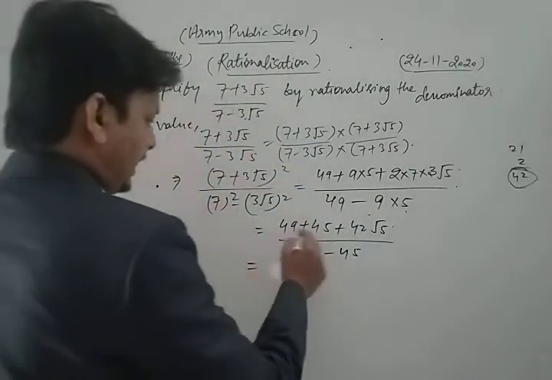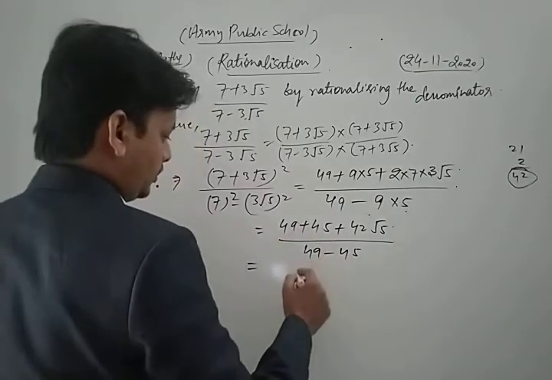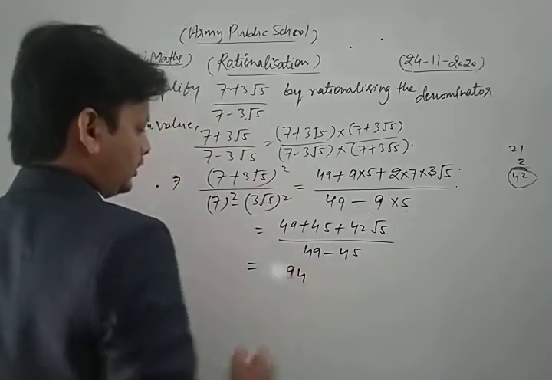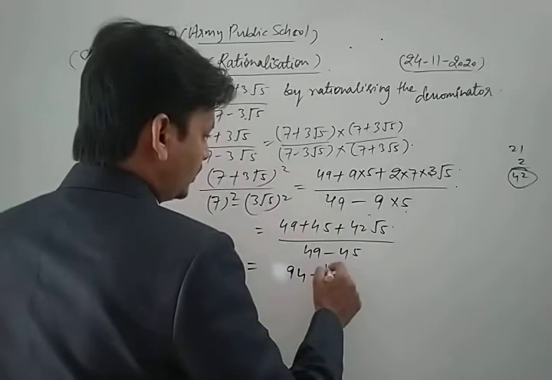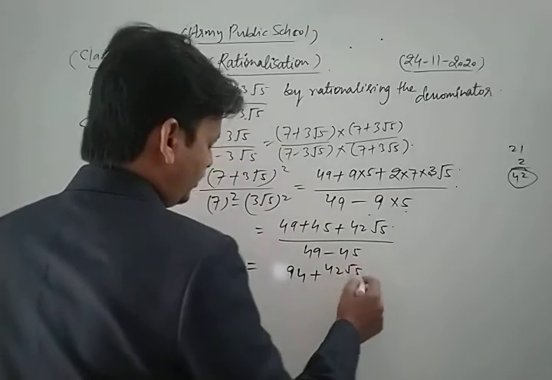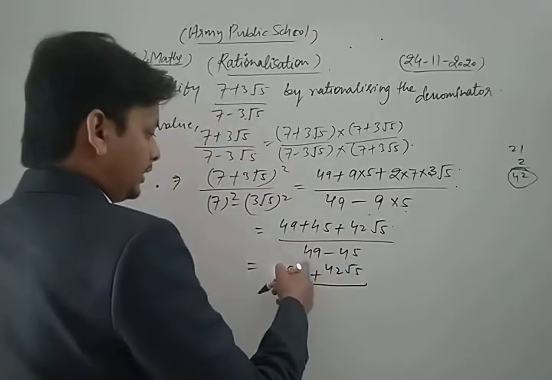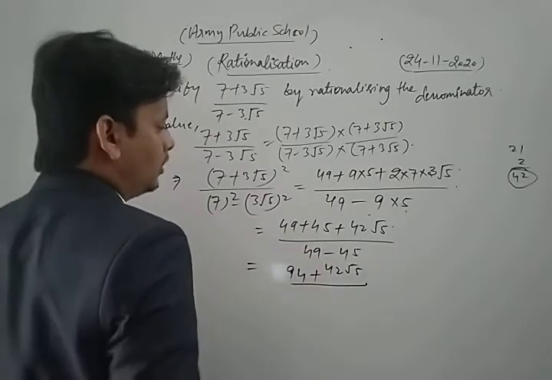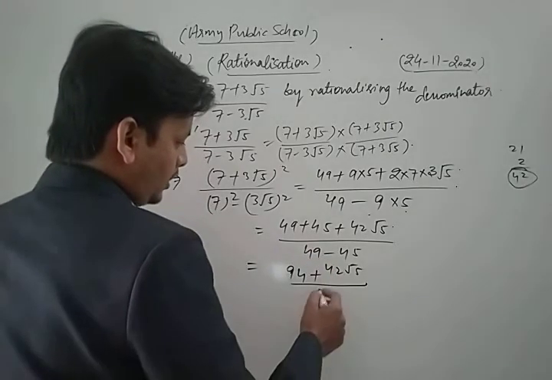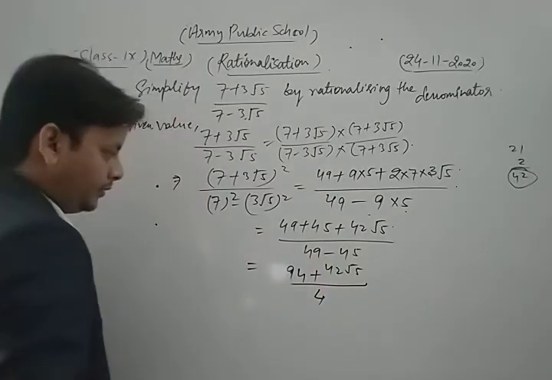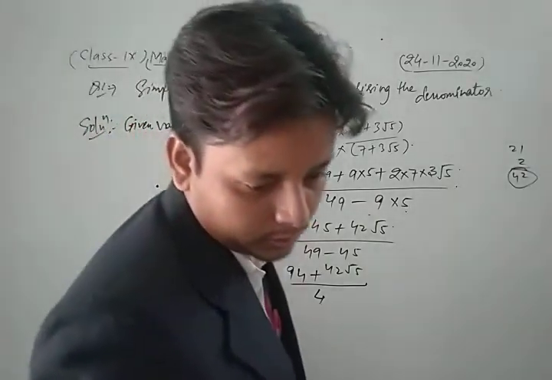Now what do we do? We add them: 94 plus 42 root 5, and in the denominator we get 49 minus 45. This is 4.